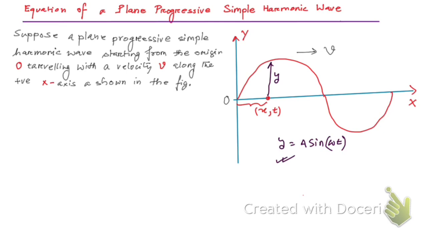Now here, what I'm doing is first considering a particle at this origin O. The wave is traveling in the positive direction, and the wave starts from this origin.